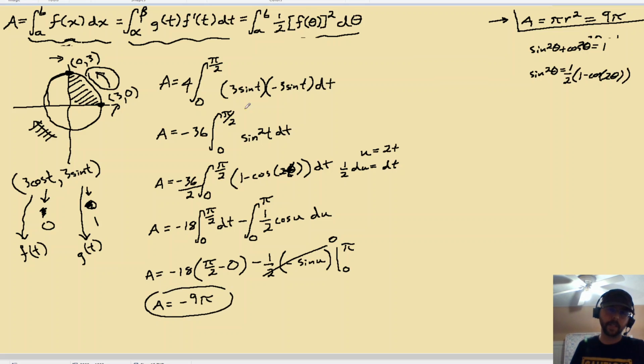as I said, I made a mistake in the setup at the beginning so that we ended up with negative 9 instead of a positive 9. But anyway, you can see that it works, and it was actually a lot simpler than the other method. It didn't even involve trig substitution.